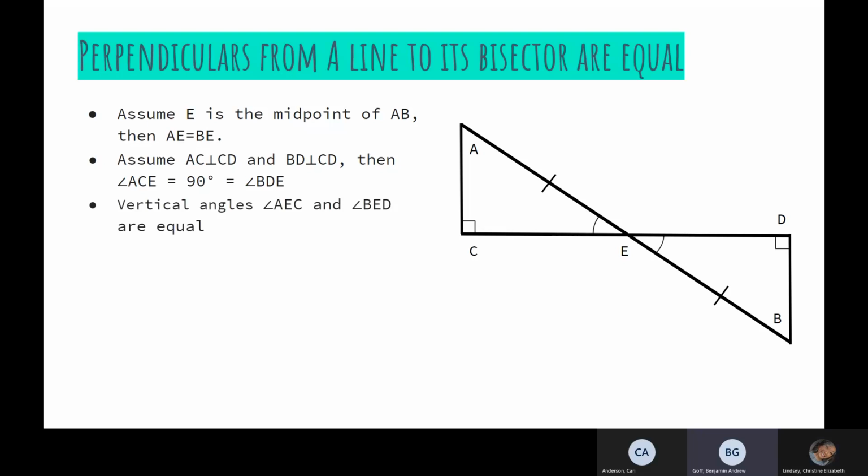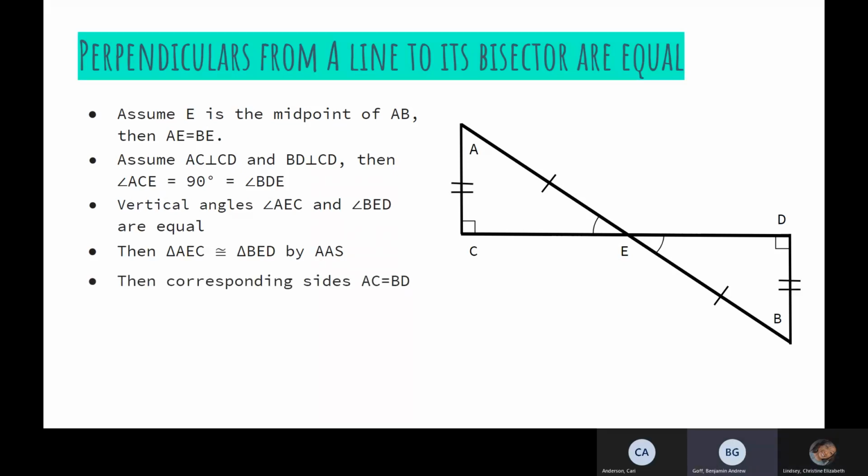Now we know the vertical angles AEC and BED are equal, as we showed earlier. Then we know that we have two angles the same and the side outside of them is the same. So then this is exactly the scenario to use AAS. So these two triangles, ACE and BDE, are congruent.